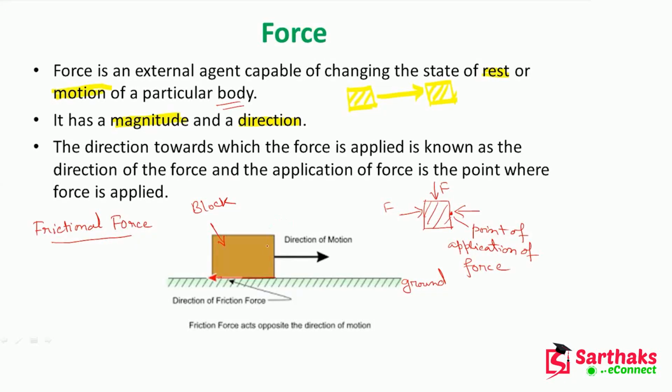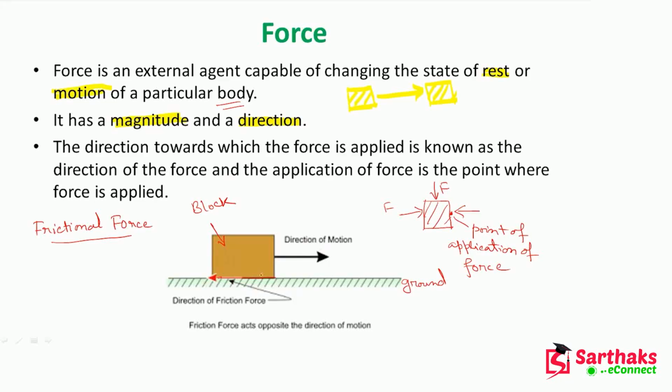Whenever you are moving the object, you have to overcome the frictional force, because the direction of the motion and the direction of the frictional force are opposite. So the force you have to apply will be higher than the frictional force, unless your object will not move.